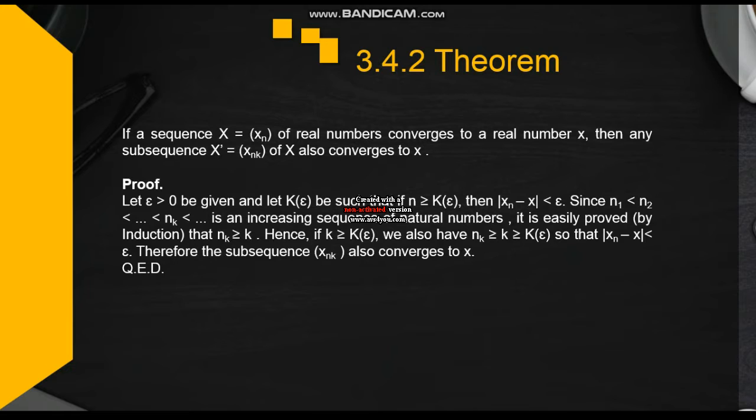Hence, if k >= K(epsilon), we also have n_k >= k >= K(epsilon), so that |x_{n_k} - x| < epsilon. Therefore, the subsequence X' also converges to x. QED.